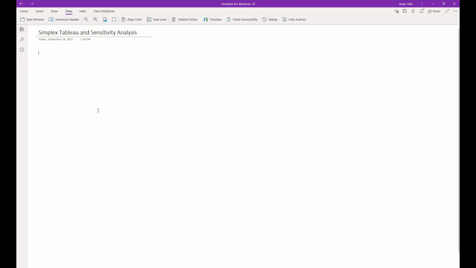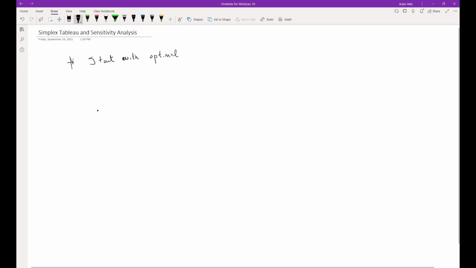All right. So this conversation is going to start with one basic assumption. And that basic assumption is that we know the optimal basis, or we have a set of basic variables, potentially optimal.